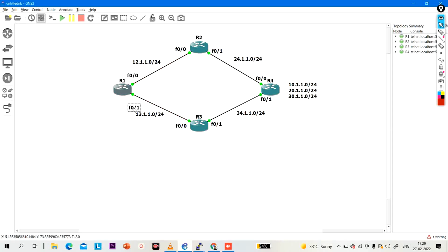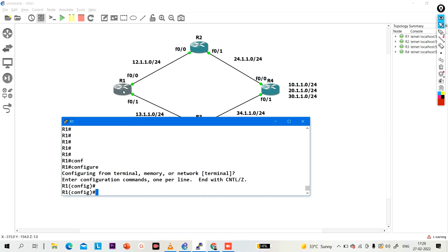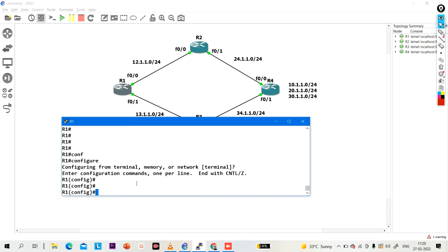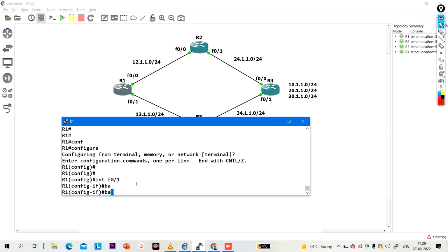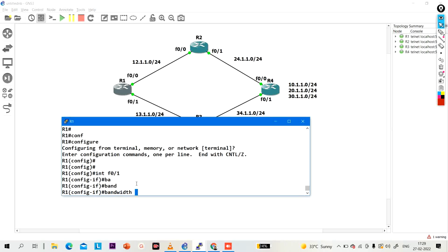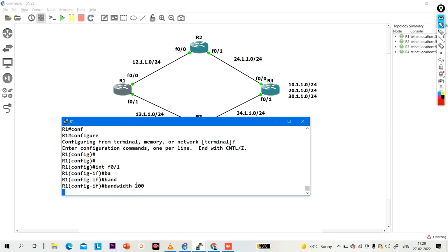Let me show you. Fast Ethernet interface ID, okay, FastEthernet 0/1. I am going to change the bandwidth of this interface, or we can change delay as well. So go to interface FastEthernet 0/1. After that, bandwidth. Suppose I am configuring bandwidth 200 over here.